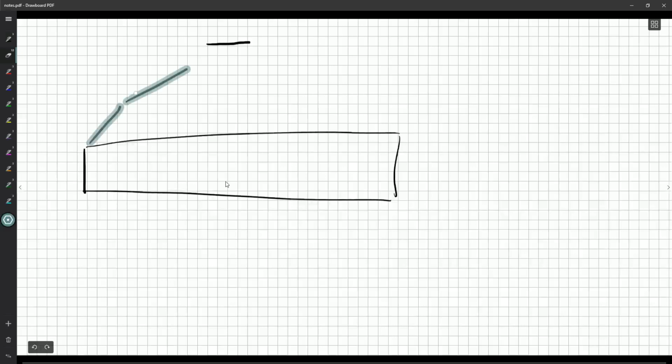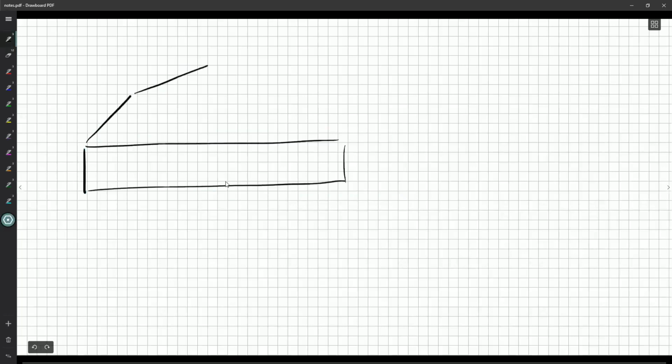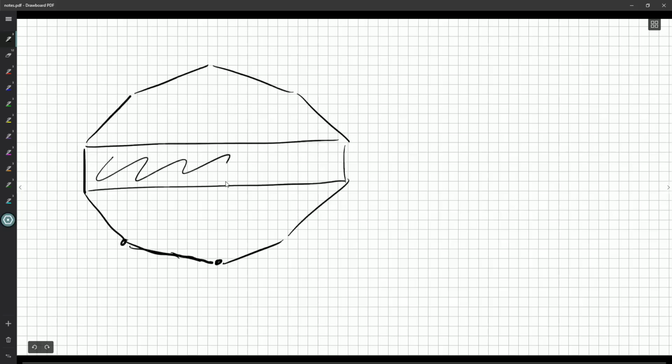Well, actually, these sides are going to have to be a bit closer. 1, 2, 3, 4. 1, 2, 3, 4. Okay, that's sort of close. It's not perfect, but there it is. Okay, so here's my 10-gon, and I just want the area of this band, this rectangle here.